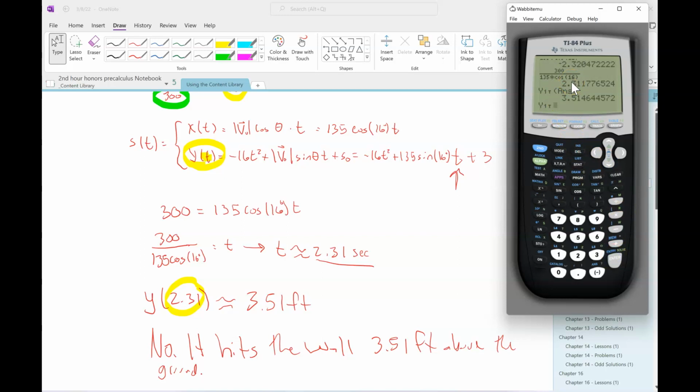Or you can do it by hand. That's fine too. I just did it on the calculator because it saves me from making a typo. I only have to type it into the graph correctly once, and then after that, the calculator will plug the stuff in for me. Is that cool? Okay.